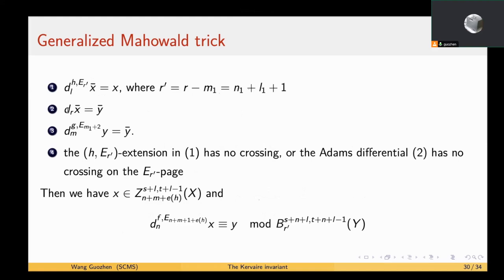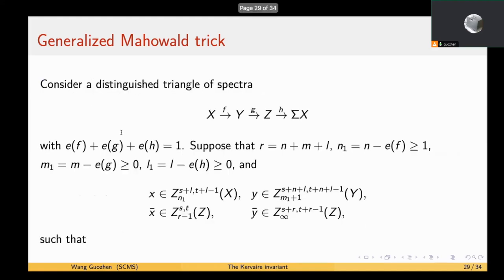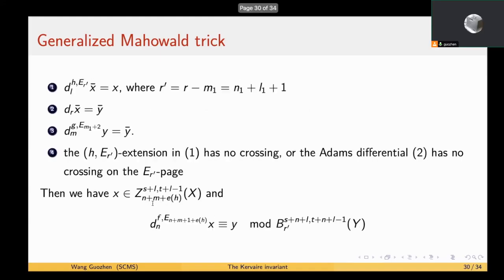And also, we suppose there is a d r differential from x bar to y bar. Recall that x bar and y bar are classes on the Adams spectral sequence of Z. So we suppose that in Z there is a d r differential in the Adams spectral sequence of Z.